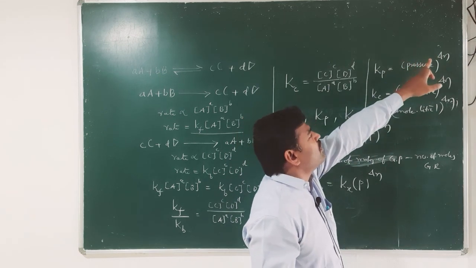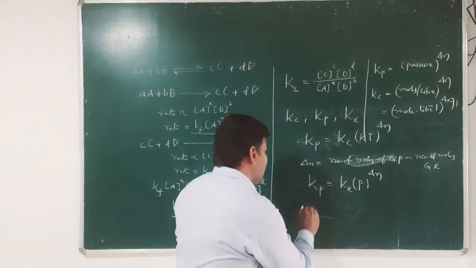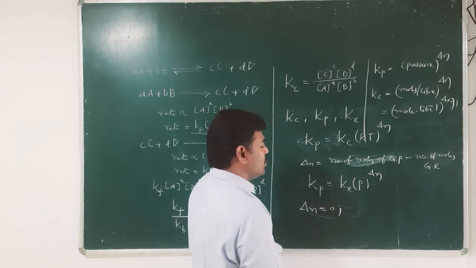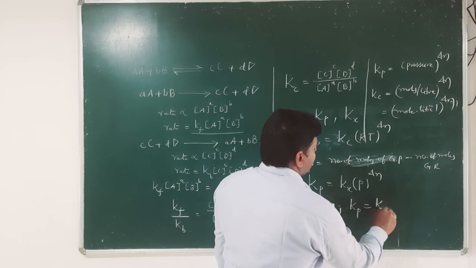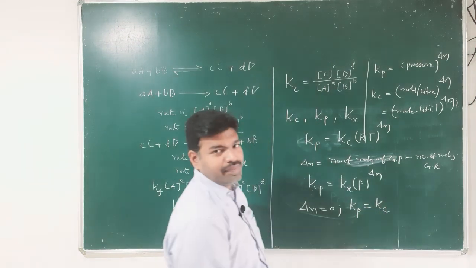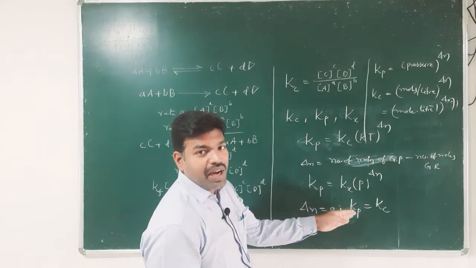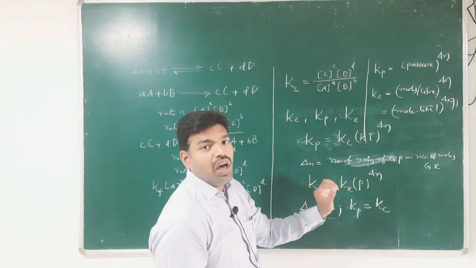So the units of Kp are pressure units to the power delta n. One more thing: if delta n is equal to 0, Kp is equal to Kc. That is, the equilibrium constant expressed in partial pressures is equal to the equilibrium constant expressed in molar concentrations.